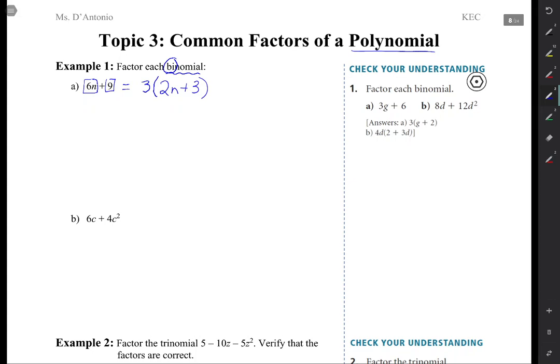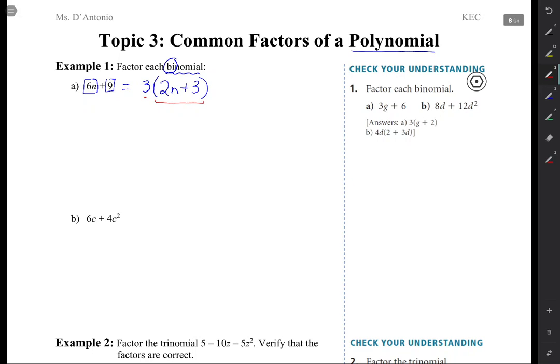And now we have factored this binomial. We split this binomial into two expressions: 3 is one expression and 2n plus 3 is another expression. When we multiply them together, we get 6n plus 9. So we factored out the 3, and now the whole thing has been factored.